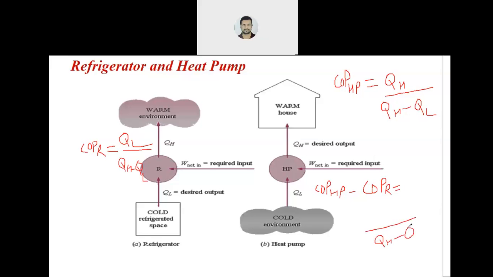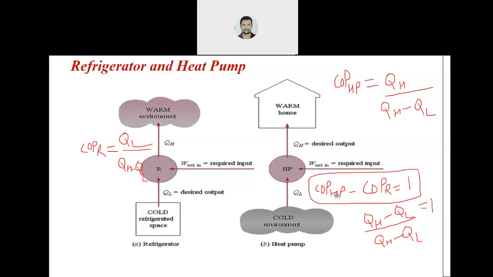W net is the same. Now COP HP minus COPR: COP HP gives QH, minus COPR means QL. Correct? Now these both will cancel and it will become 1. Right? So you can get this relationship: COP of heat pump minus COP of refrigerator is equal to 1.